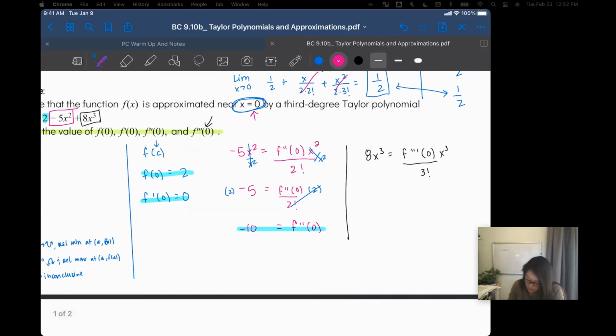The cubes are going to cancel, so I need to multiply both sides by 3 factorial, which is 6. So I end up with 6 times 8 is 48, which gives me f triple prime of 0. So just picking out, matching up, doing a little algebra to solve for our first, second, and third derivatives.